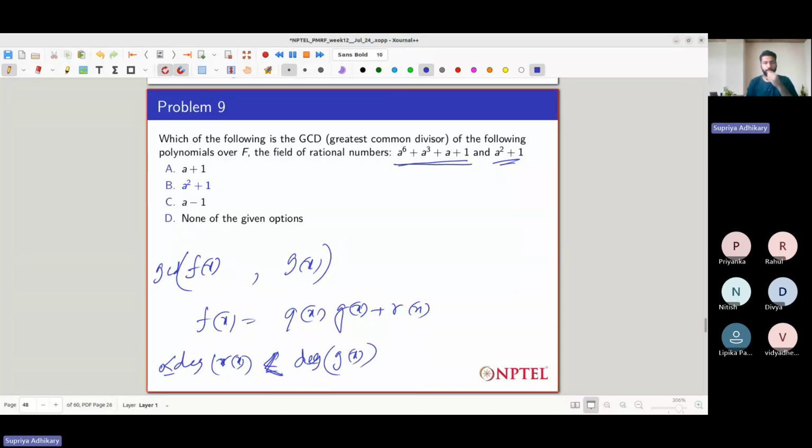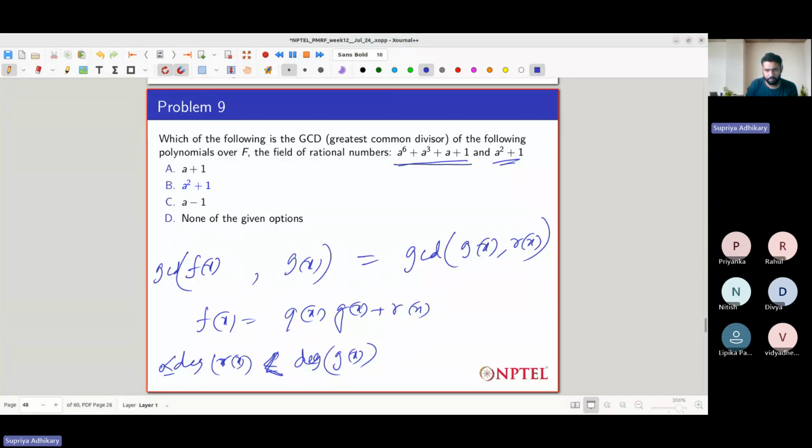So we know this. Now, from the Euclidean algorithm, we have seen that if f(x) can be written as this, then the GCD of f(x) and g(x) is equal to the GCD of g(x) and r(x).